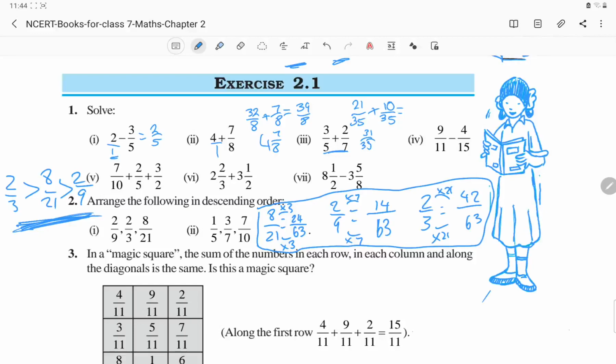So we have 9 by 11 minus 4 by 15. So you need to times both sides. So 11 times 15. We need to do the same denominator, and the common denominator will be 165, okay? Because 11 times 15 is 165.